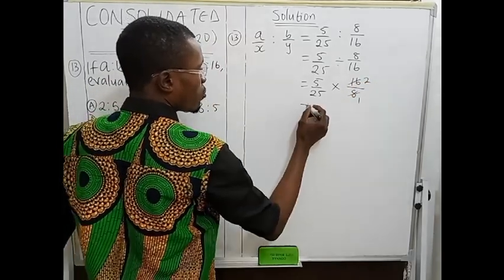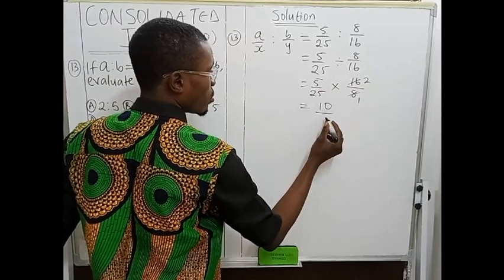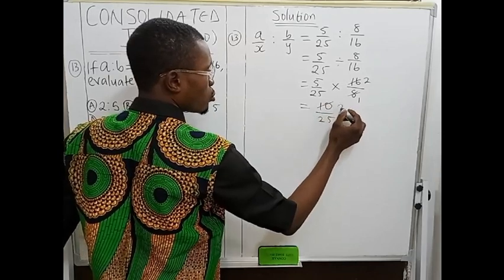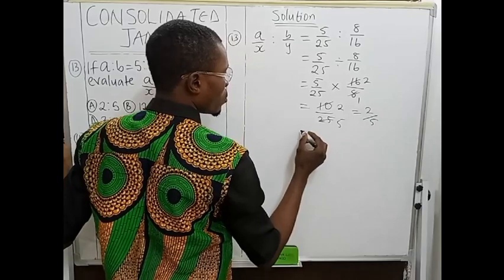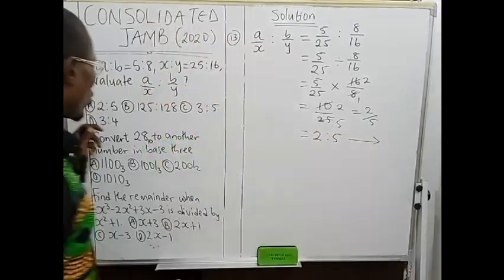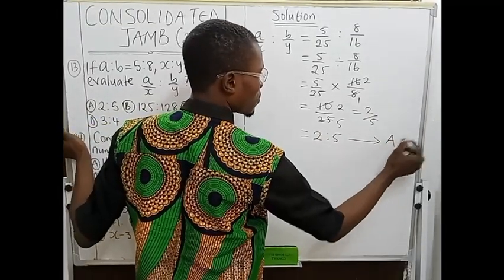All right, so we'll have 5 times 2, 10 over 25 times 1, 25. And that leaves us with 2, 5 here, 2, 5 here, 5. We're left with 2 over 5, which is the same as 2 ratio 5. And that will give us option A. So option A is our answer here.